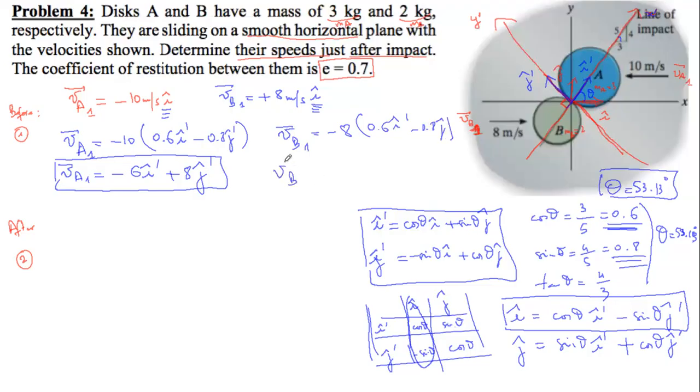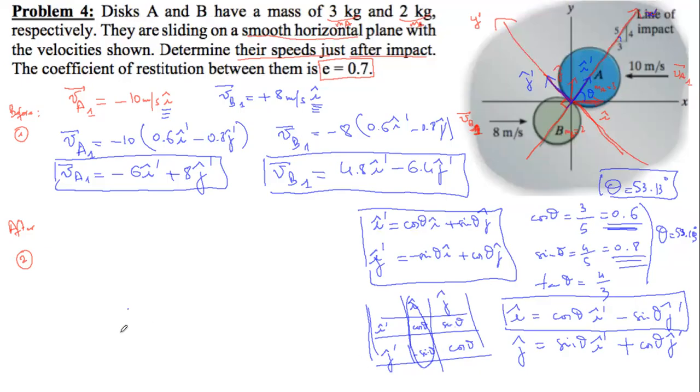So VB1 before collision is equal to 4.8 i prime minus 6.4 j prime. This should come quickly, okay? You know this already, so you need to practice this.